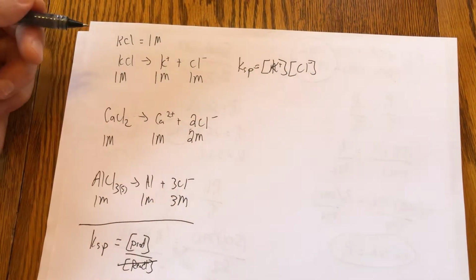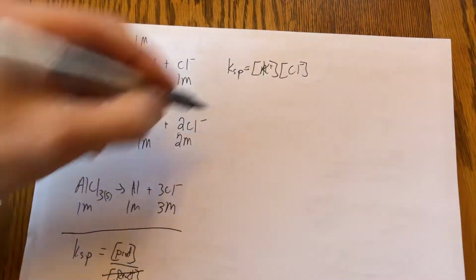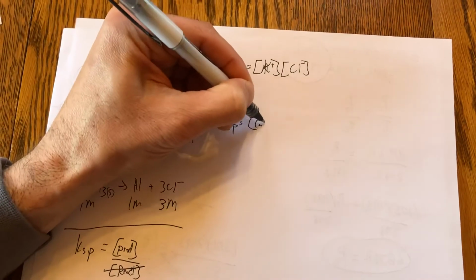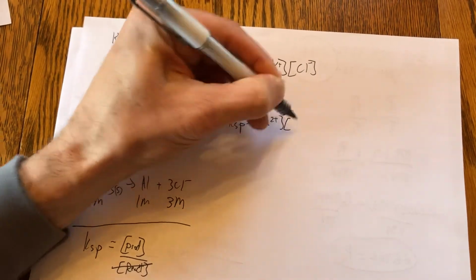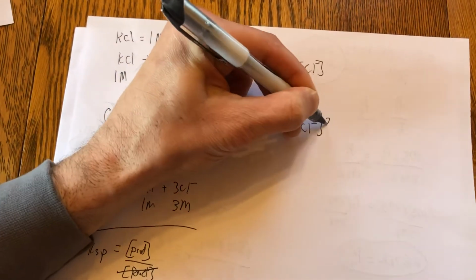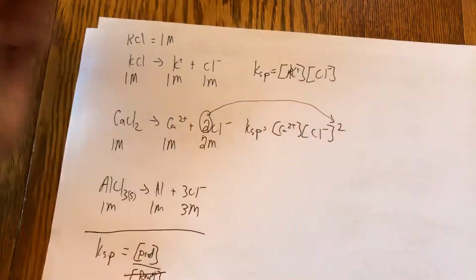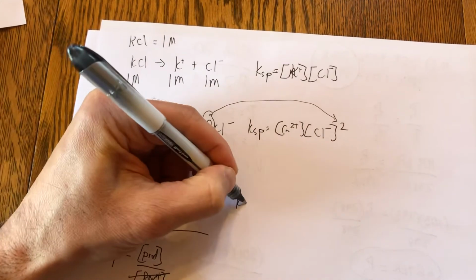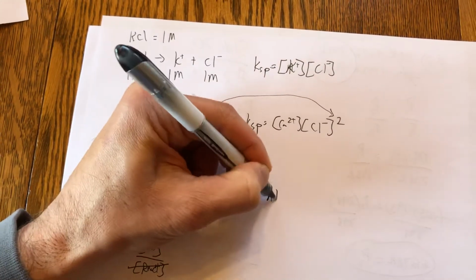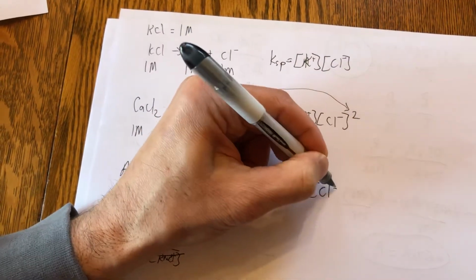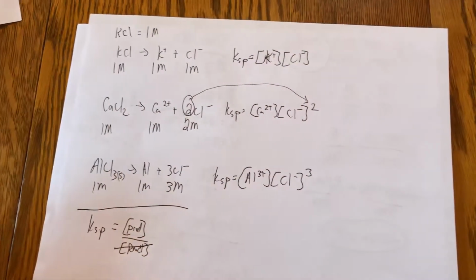If you had CaCl2, then it would be the molarity of Ca times the molarity of Cl, except this time it's going to be squared because you get a coefficient of 2. And if you had the KSP of aluminum chloride, it would be the molarity of aluminum times chlorine cubed.